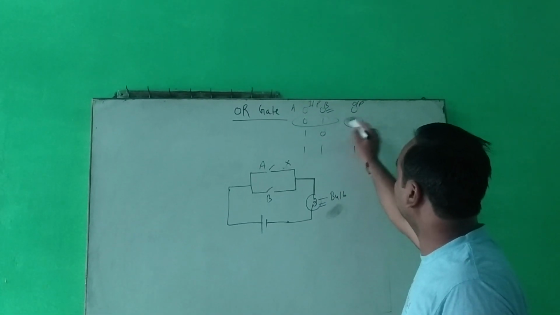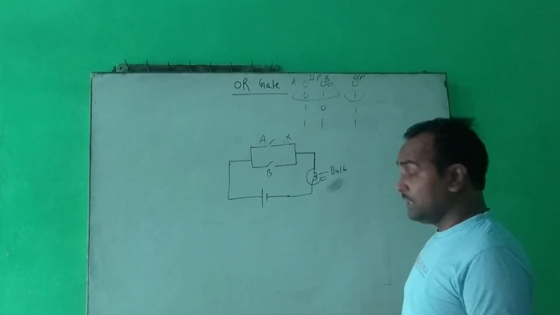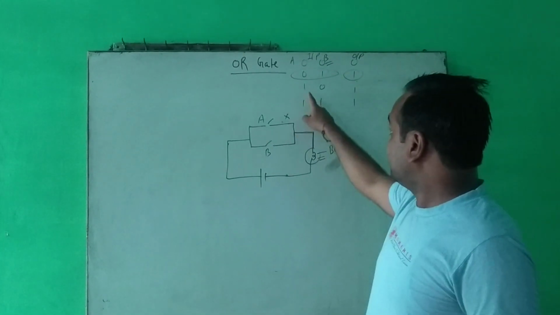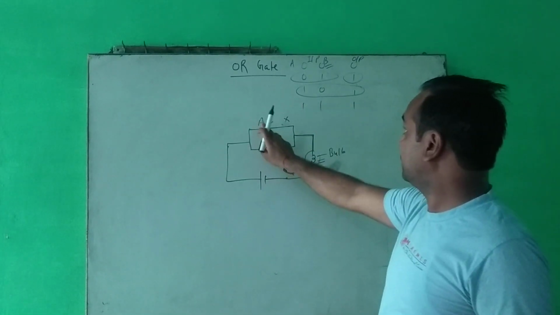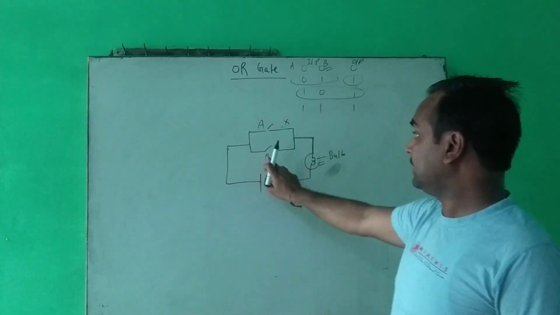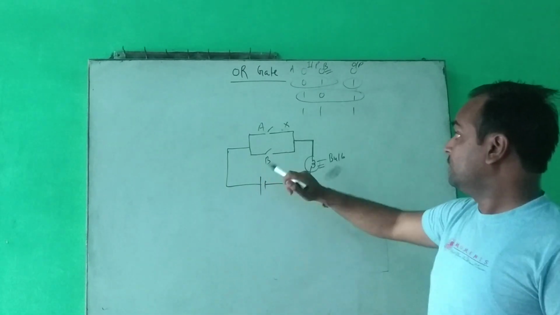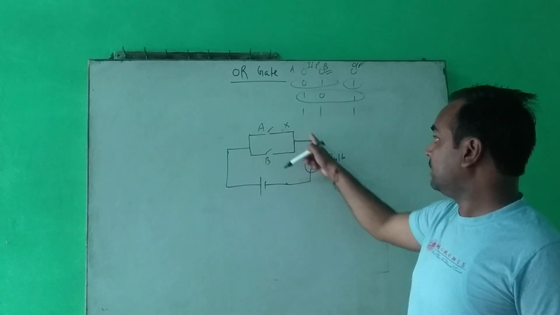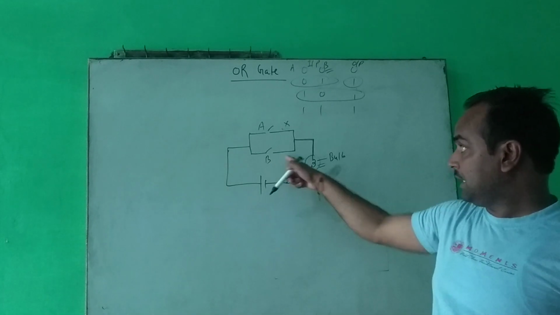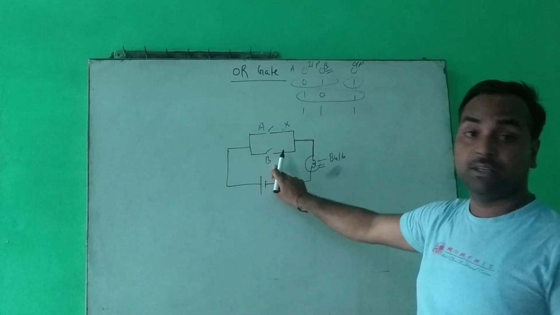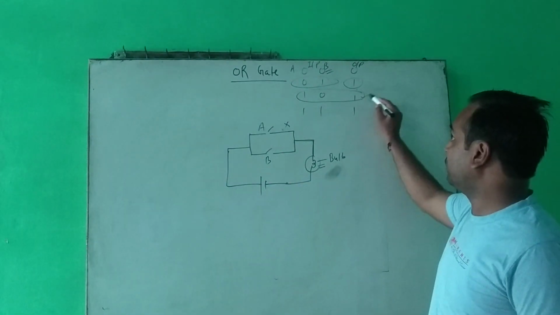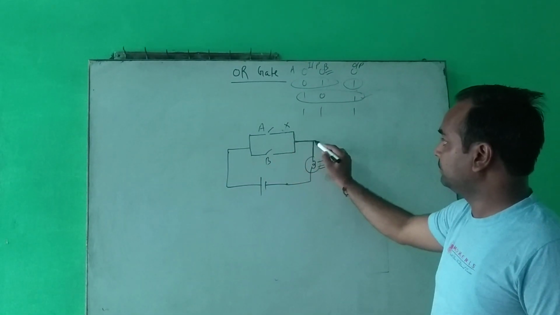So we are having output 1. In the next case, that is 1 0, the value of A is 1 and the value of B is 0. So the power flows from here and the bulb will be on. Here the path will be off because B is off, and we are having output 1 because of here.